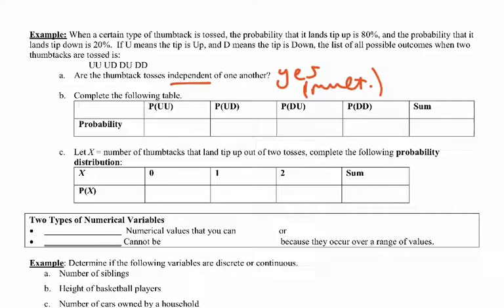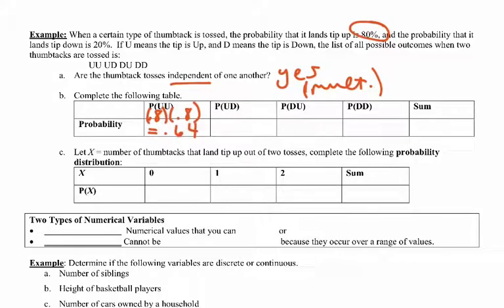So the probability that they both land up: the probability that the first one lands up is 80%, so it's going to be 0.8 times 0.8. Let me write this above it so I have a little more room, because I want you to see what I'm doing. So this is 0.8 times 0.8, and that gives me 0.64.